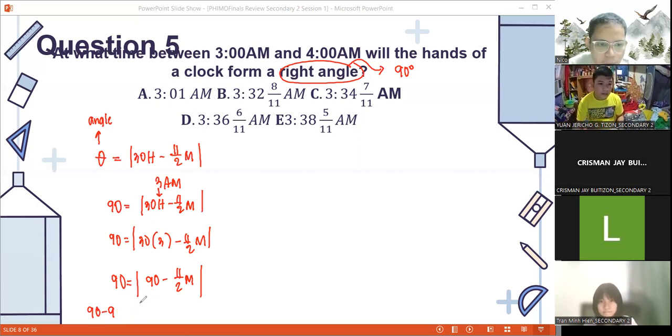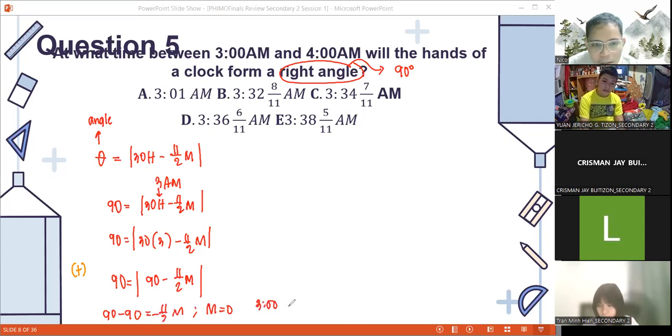If we take this one as positive, 90 minus 90 is equal to 11 over 2 m, so m is equal to 0. It's going to be 3 a.m. But is 3 a.m. correct? No, because it should be in between 3 a.m. and 4 a.m.